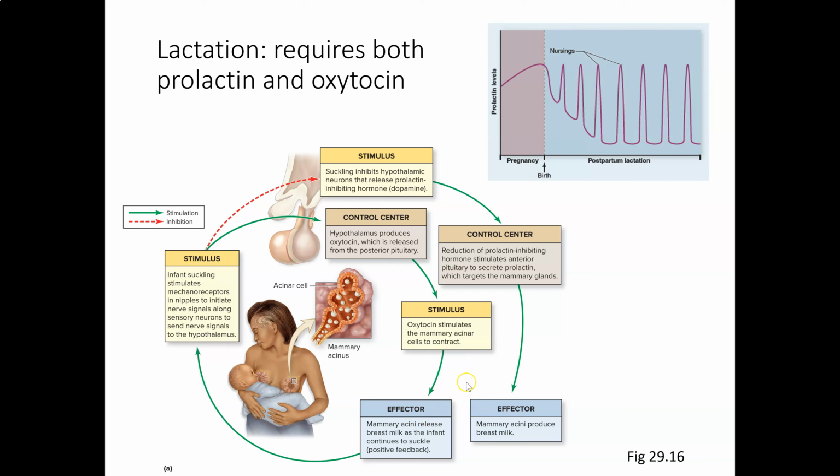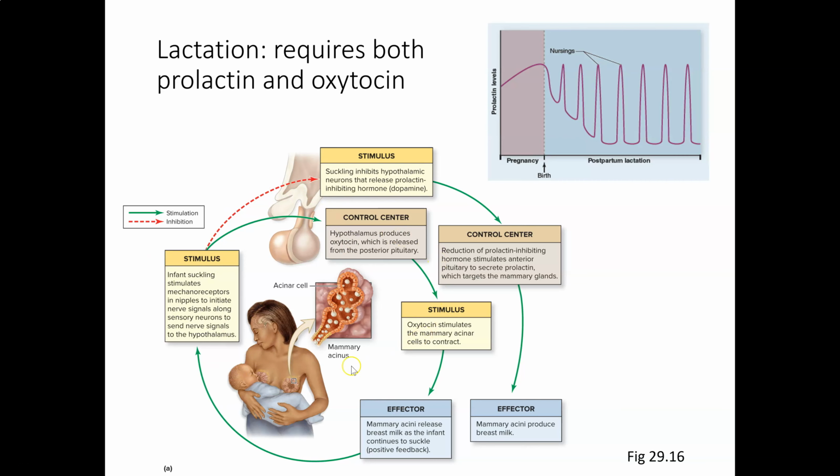And if they keep promoting breast milk, then the baby can be fed. When the baby is fed and full, it's going to stop suckling, and then you stop this process, right? So it's a positive feedback.